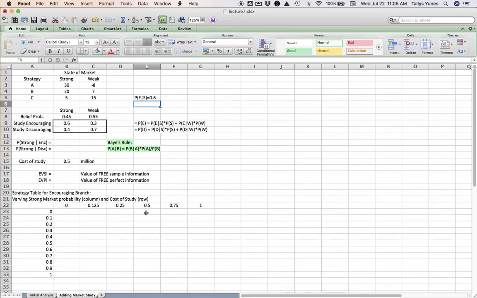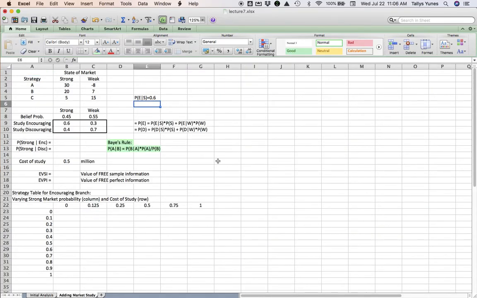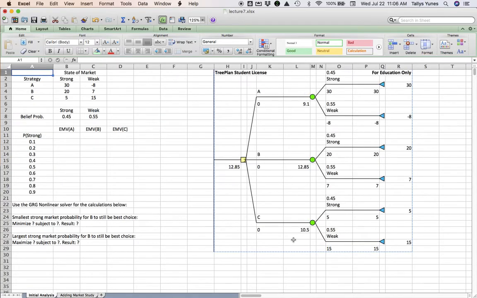First branch. If I choose not to do the study, I end up with a tree exactly like this one. If I choose to do the study, at that point there's going to be a branch that says, was the study encouraging or discouraging? And after the encouraging or discouraging branch, then I will make my decision, meaning you will see a tree like this.